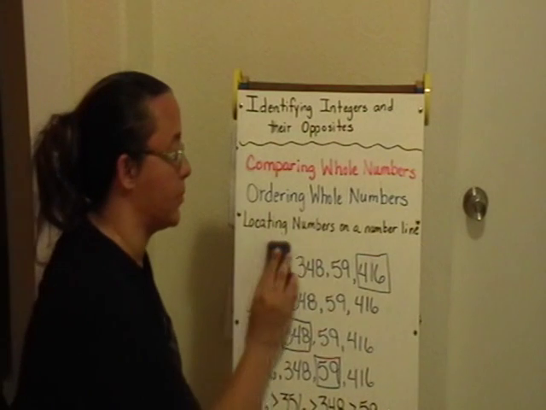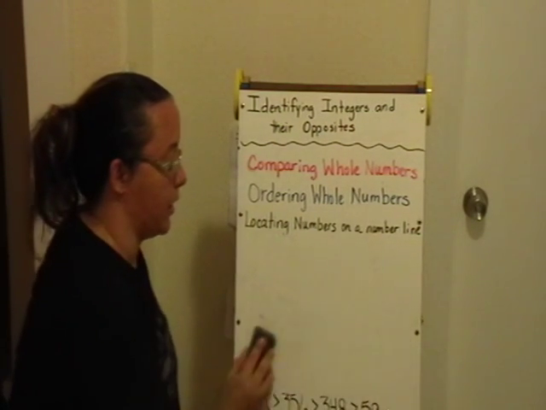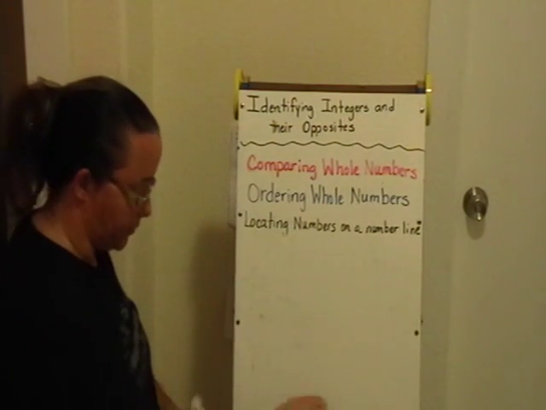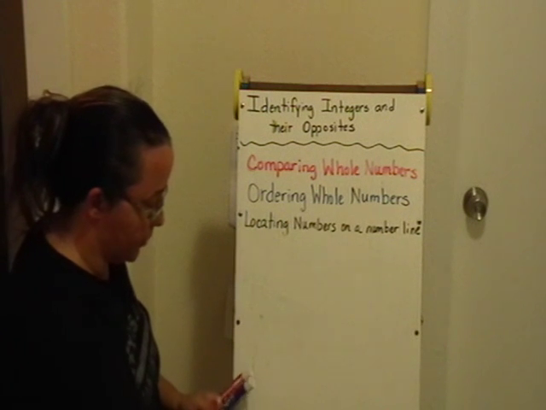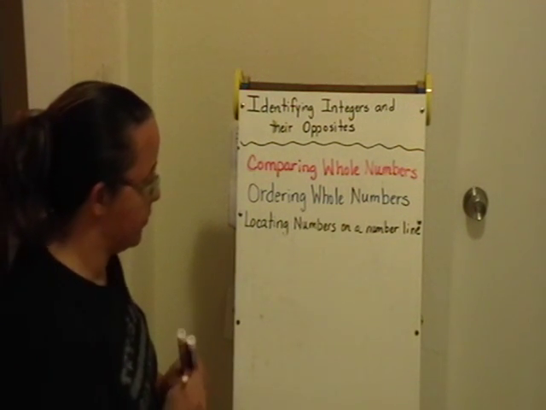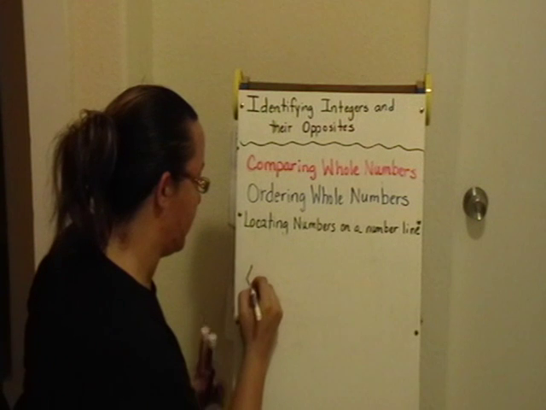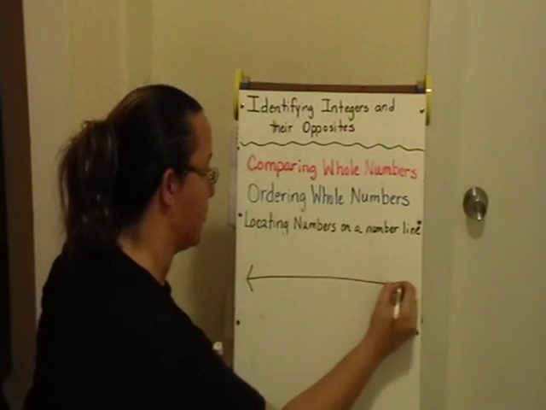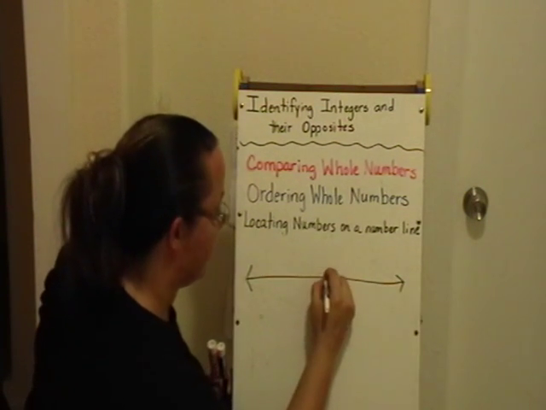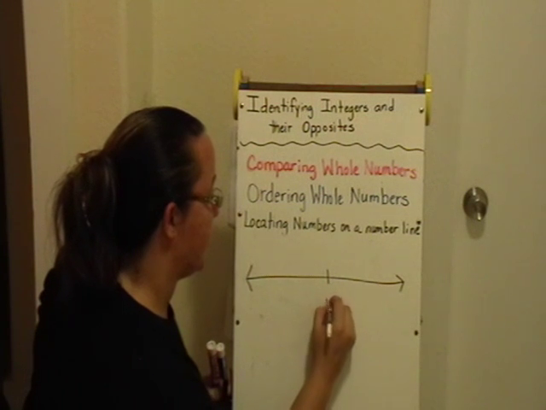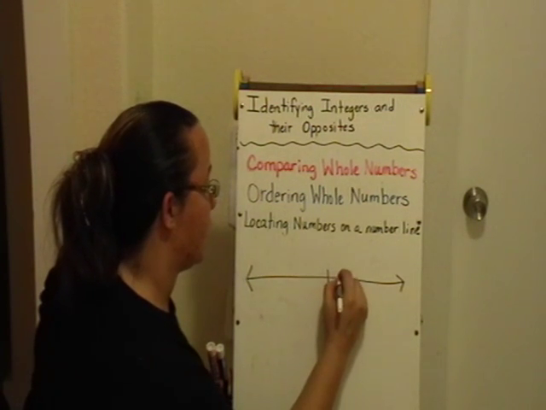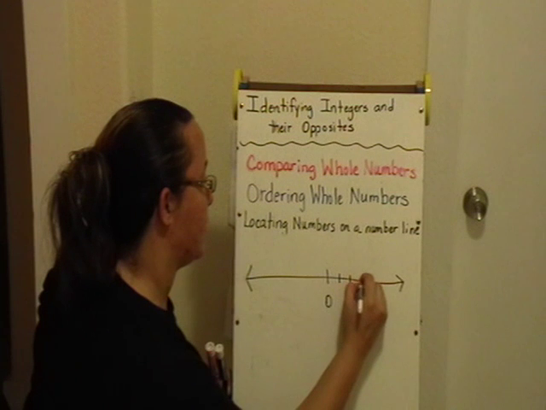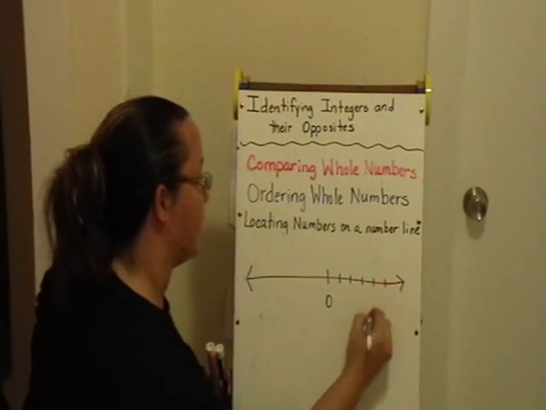So the next aspect we're going to look at is locating a number on a number line. Just a moment. I'm going to put 0 right in the middle. And then we're going to go 1, 2, 3, 4, 5.